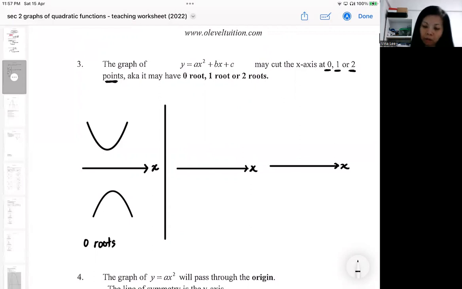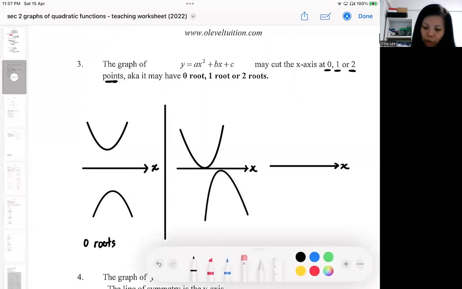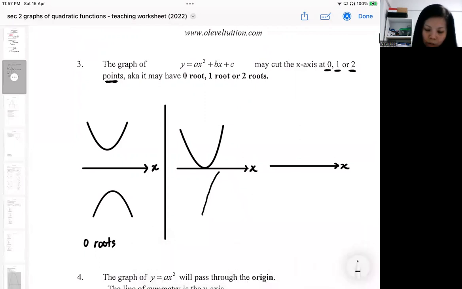And then how do you get one root? You will get one root if it looks something like this. I need to draw properly. You will get one root if it touches the x-axis. So this is one root.